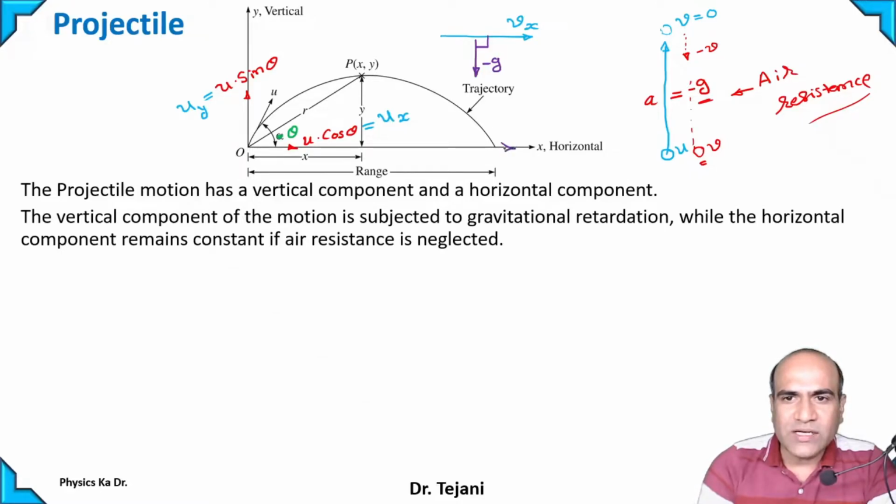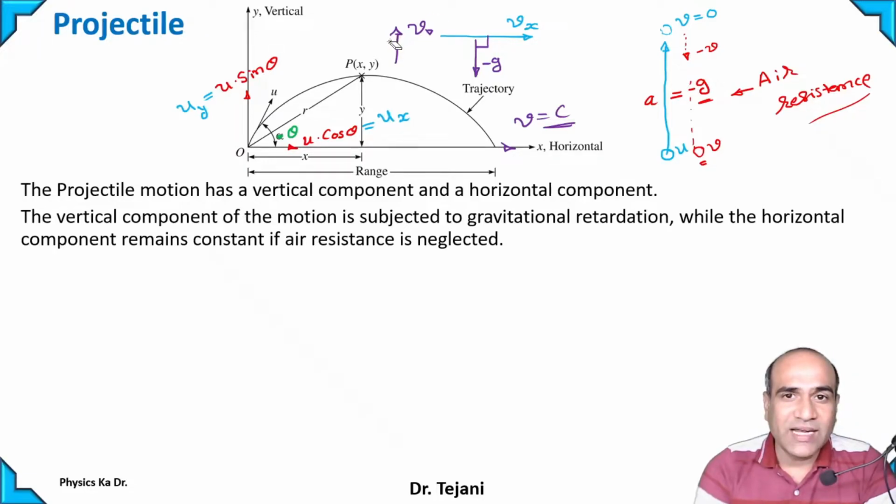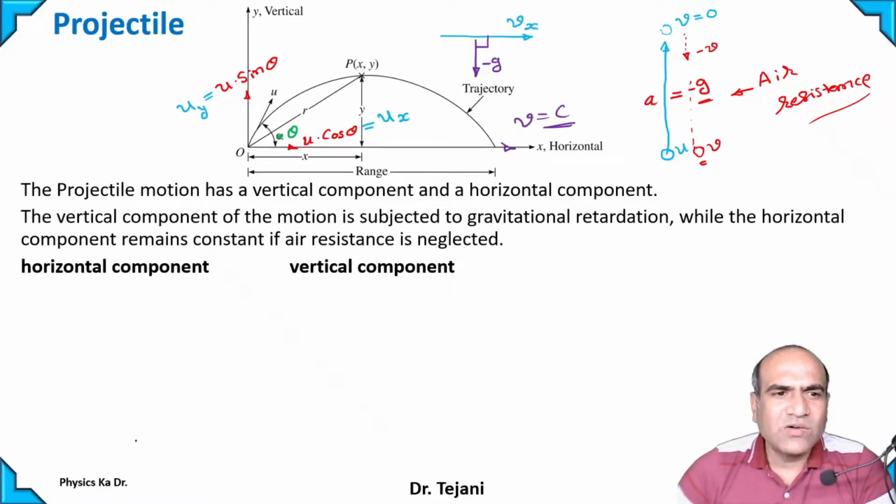So under the horizontal component, velocity is constant, but in the vertical movement, velocity first decreases and then increases in the negative direction. That we need to consider here. Let us consider the horizontal and vertical components.